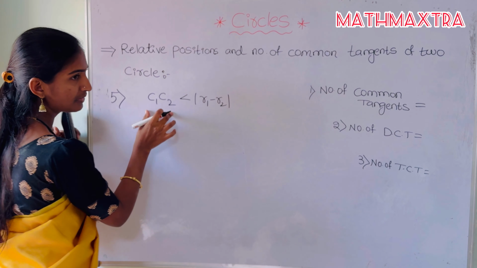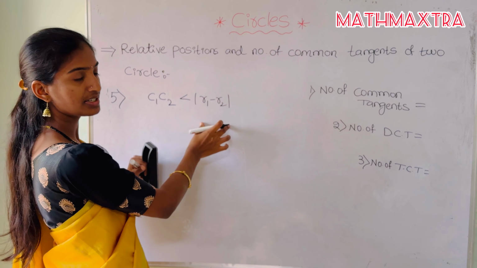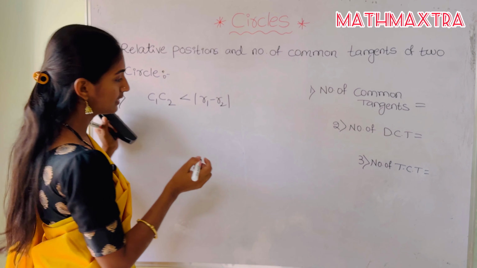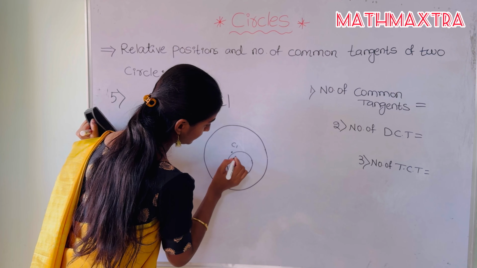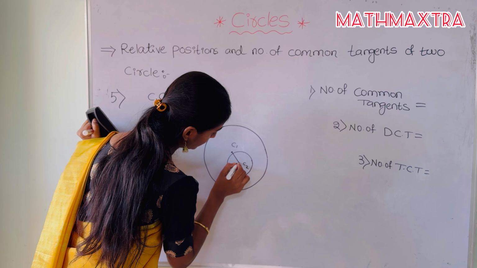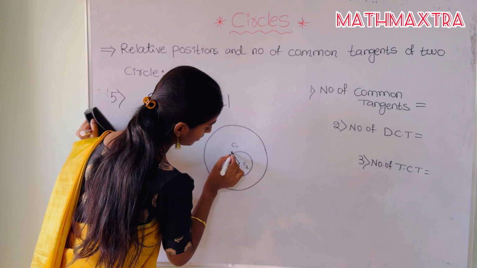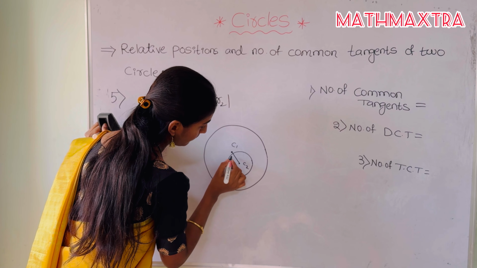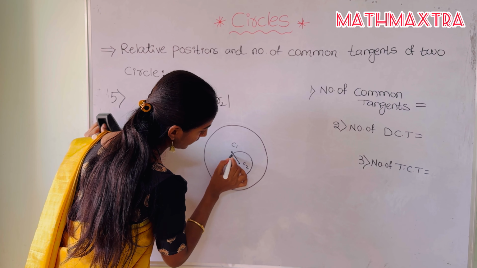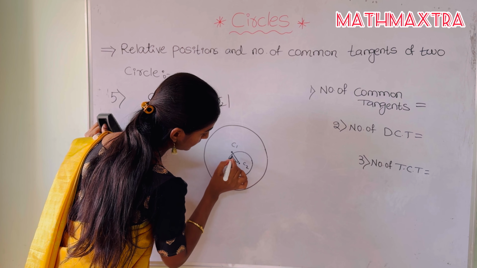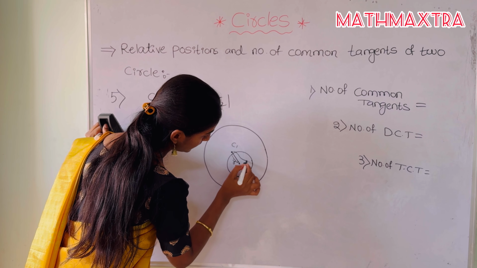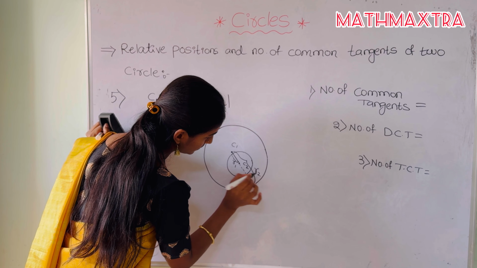The fifth position is if the distance between the centers is less than the difference of the radii. Then how do the two circles look? See, this is the center of this circle, and the distance between these two centers is less than the difference, and this is R1 and this is R2.